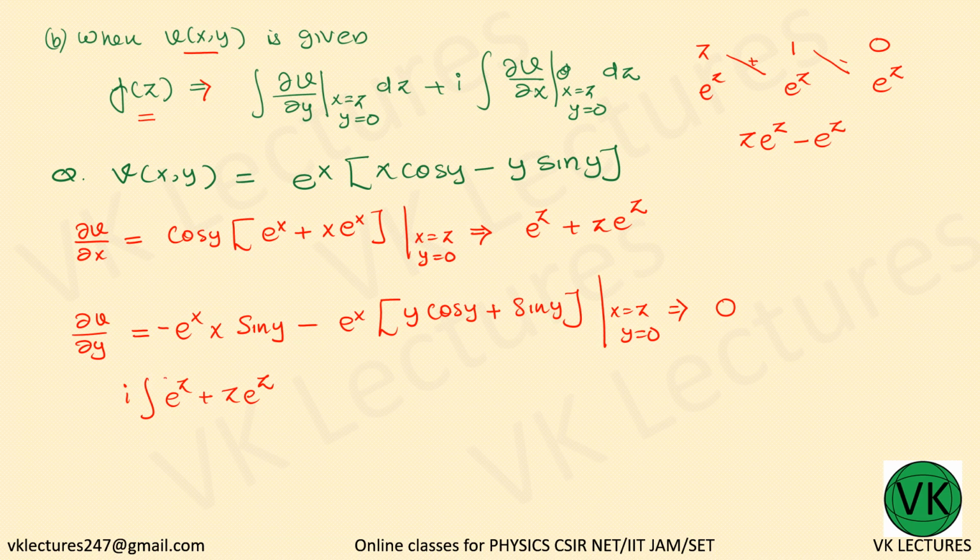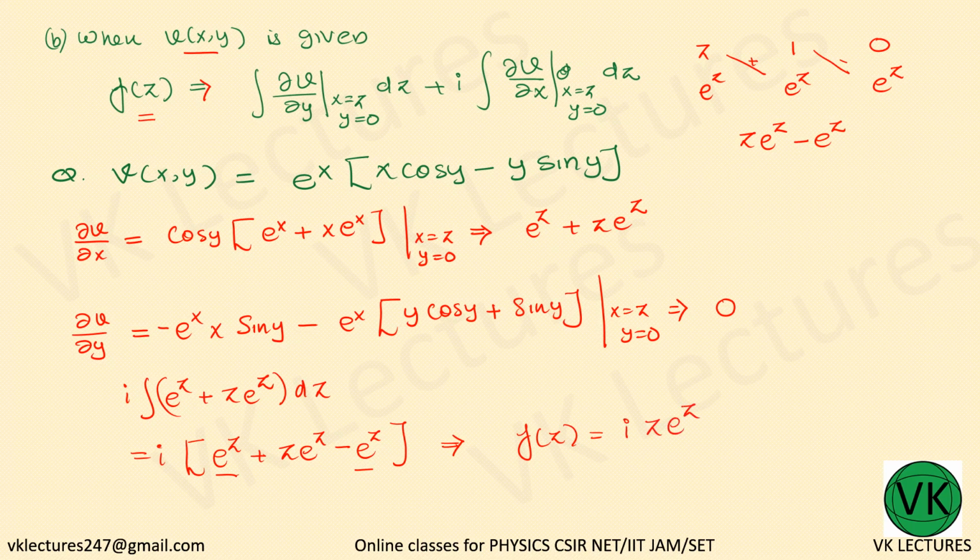So this dz gives us i into e^z, and the second one z e^z minus e^z. These two are the same term with opposite signs, so f(z) equals i times z e^z. There is no real part for this v, or f(z).